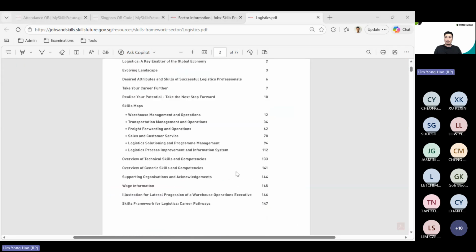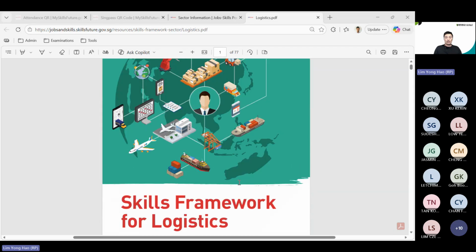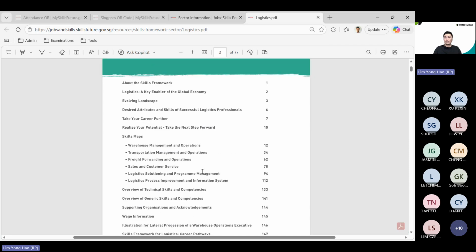It's about 77 pages, so we won't be able to look through everything. Let's see, when is it published? Quite dated already, you can see. The most recent one for some of the sectors is probably 2024, but every sector, they will do these at different periods. Hopefully they're going to update this soon.